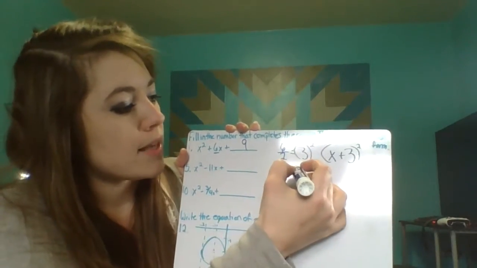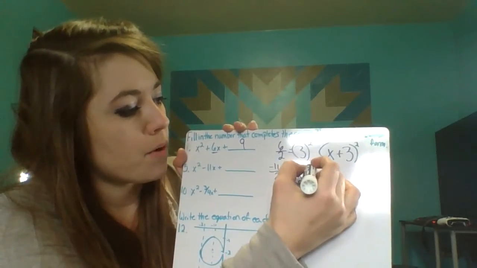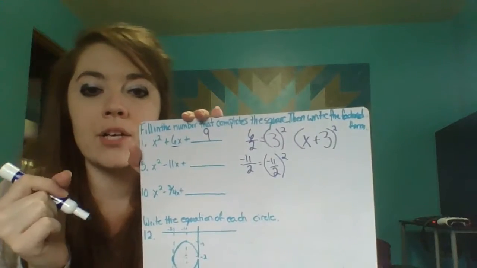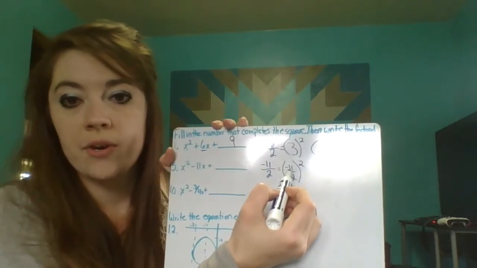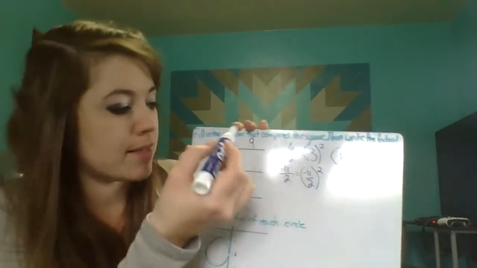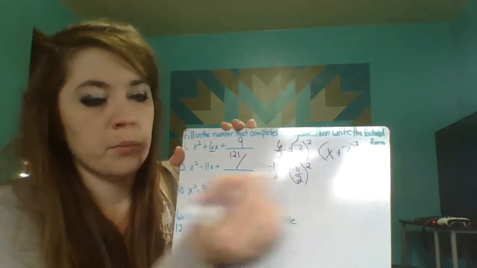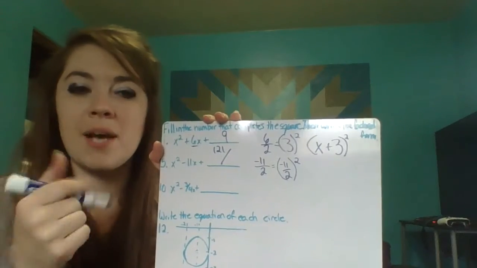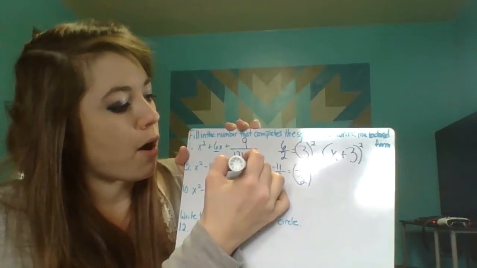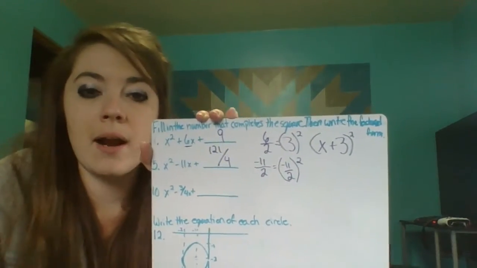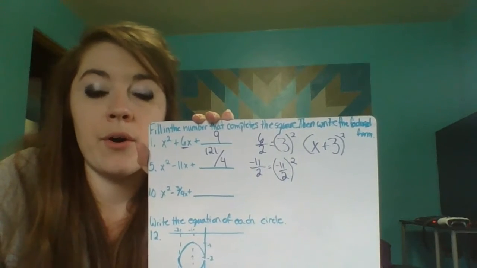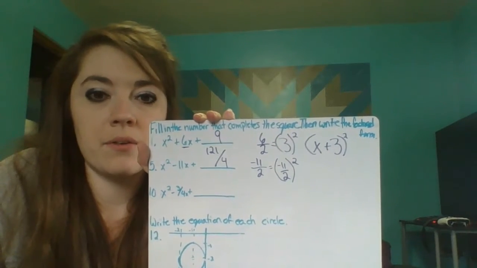So we're going to take that 11 halves and now we're going to square it. So squaring a fraction, that means we're going to square the numerator. So 11 times 11 is 121 over, we square the denominator. 2 times 2 is 4. So our number that completes the square is 121 over 4. And I want to see it written just like that.